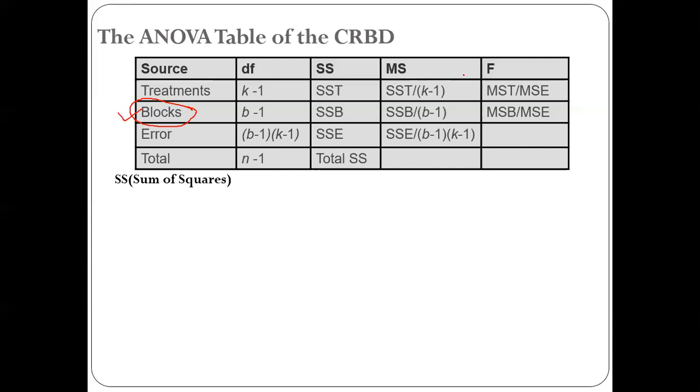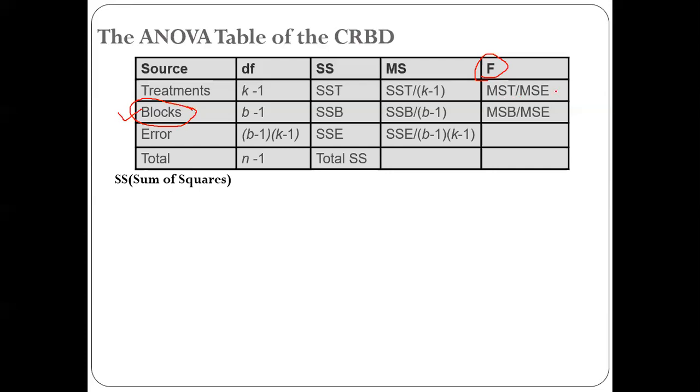In the test statistic of F for two-way ANOVA that uses the CRBD design, we have two values of F statistic. The first one is when we compare with the treatment, that is MST divided by MSE. The other one is MSB divided by MSE.